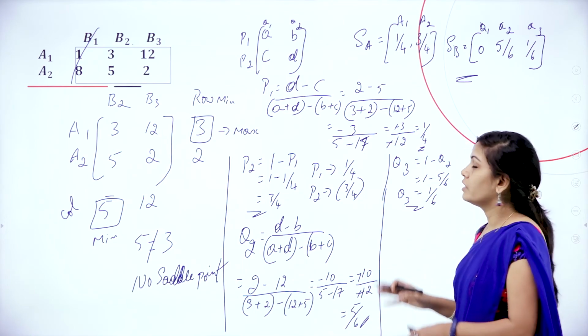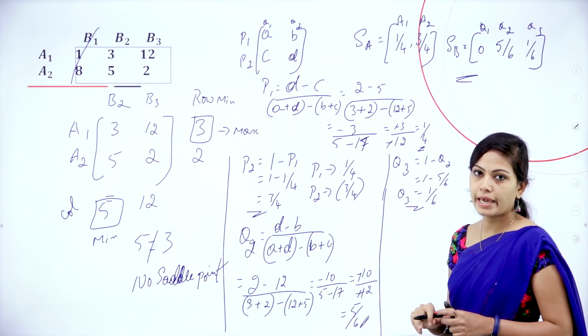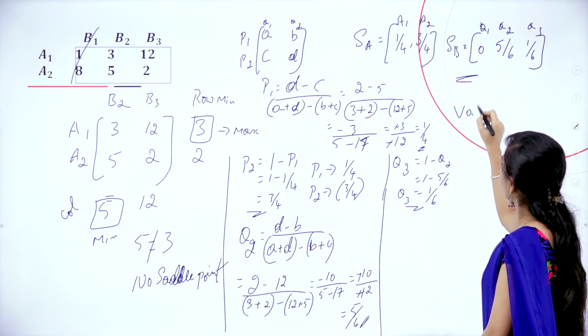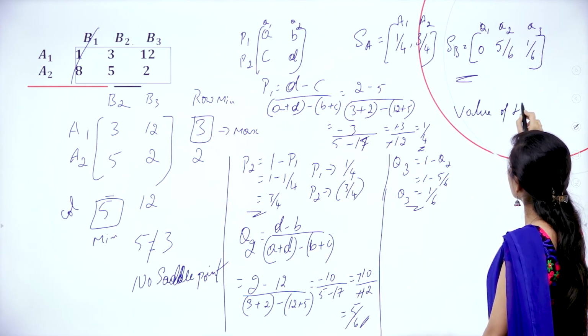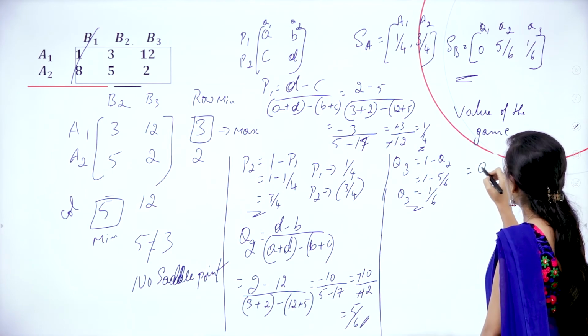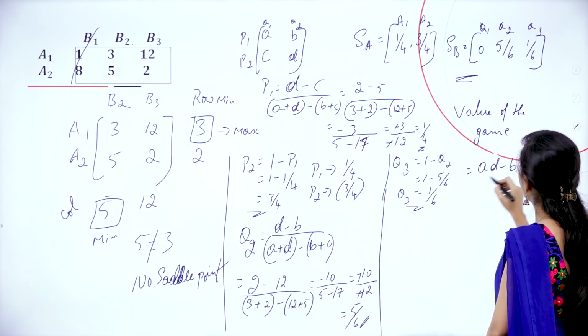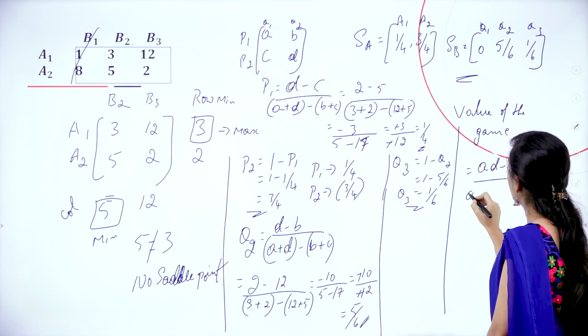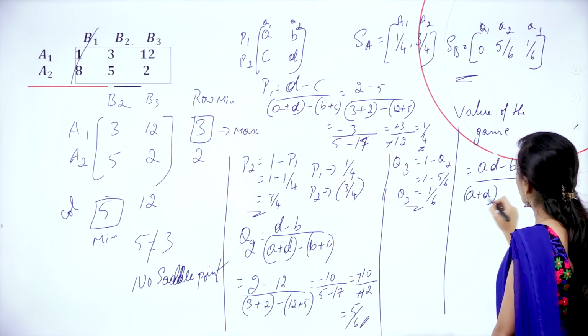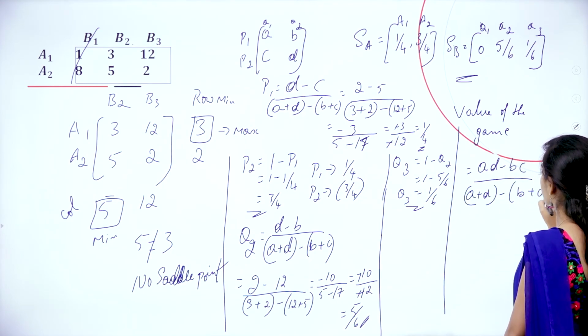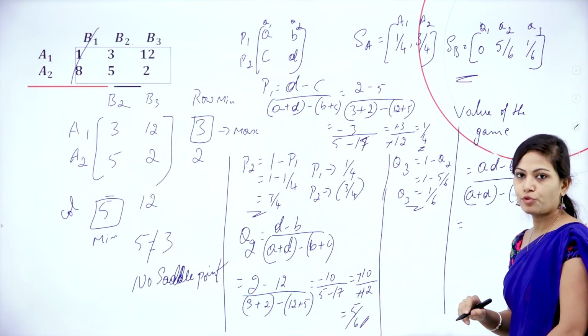Finally, you have to find the value of the game. Value of the game is equal to (AD minus BC) divided by (A plus D minus B plus C). Remember this formula.